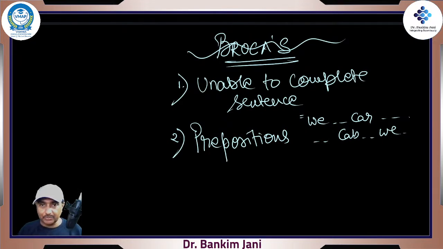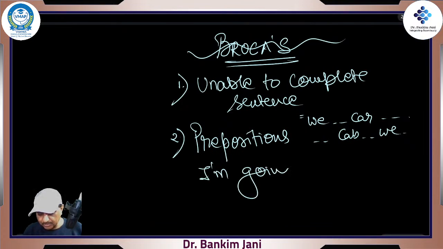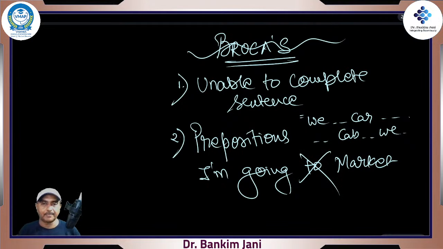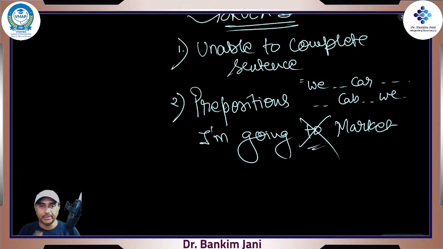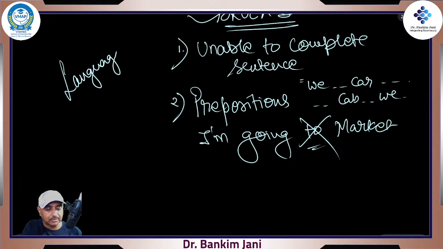He'll definitely be missing these. These prepositions, they will be missed. So, I am, go, market, right? That sort of thing. This is the reason that this particular area is extremely vital for language.